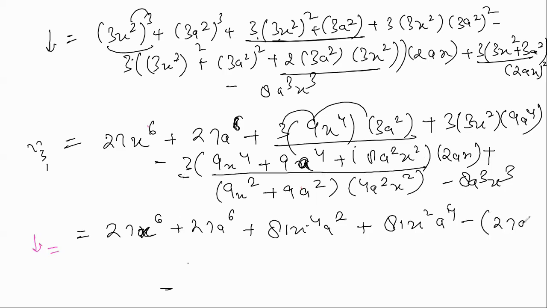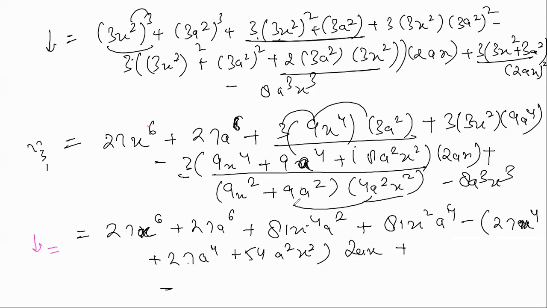So 27x raised to the power 4 plus 27a raised to the power 4 plus 54a square x square 2ax, plus multiply this, 36 a square x square plus 36 a4 x square, and the last term, right?